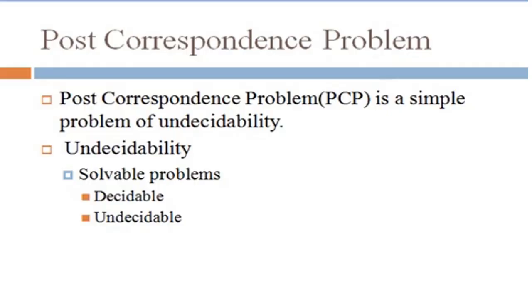The other kind of solvable problems are undecidable problems, for which the Turing machine will halt if the answer is yes, but when the answer is no, the Turing machine may or may not halt. PCP is an example of an undecidable problem.